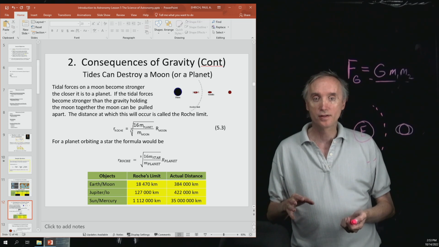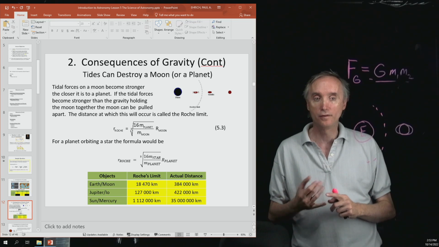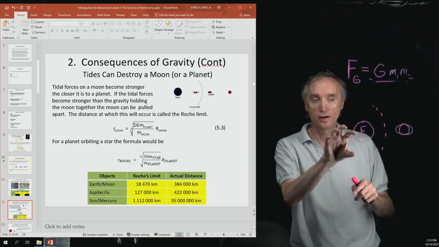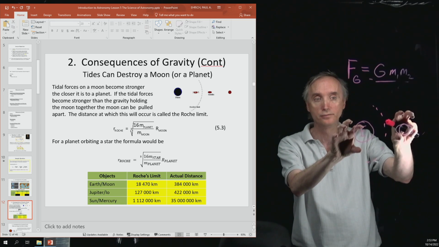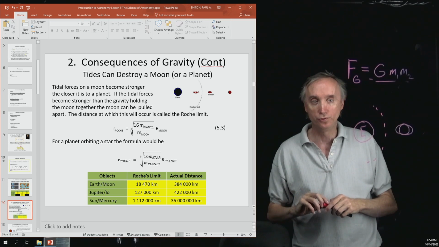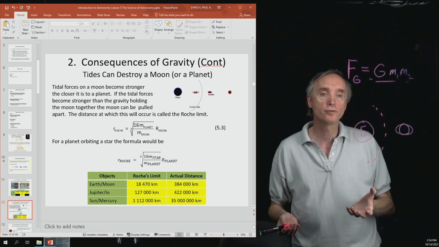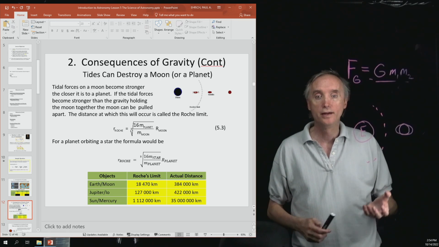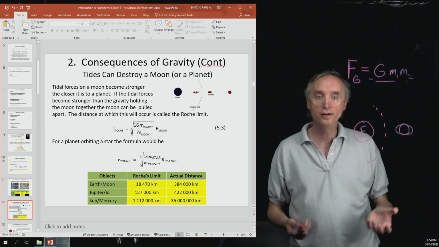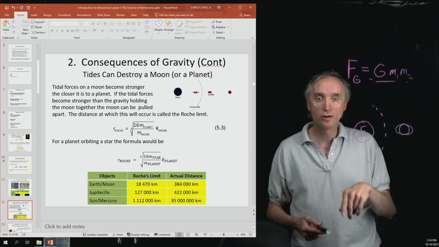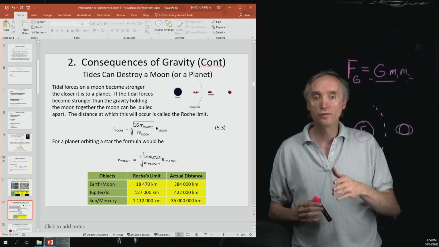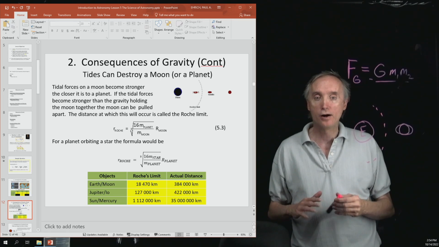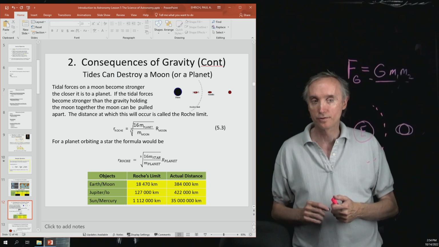The formula says that we need to know the mass of the object that is in the middle, and then the mass of the object out here, and then we also need to know the radius of the moon. So I looked all of that information up. I found the mass of the Earth, the mass of the moon, and the radius of the moon, and I plugged it all into that top formula, and I found out that the Roche limit for the Earth-Moon system would be about 18,000 kilometers.